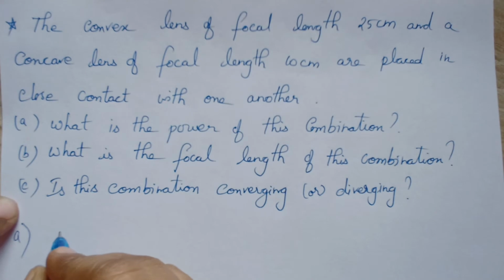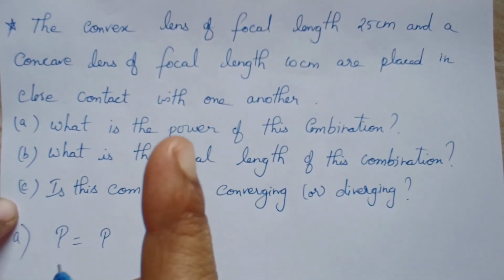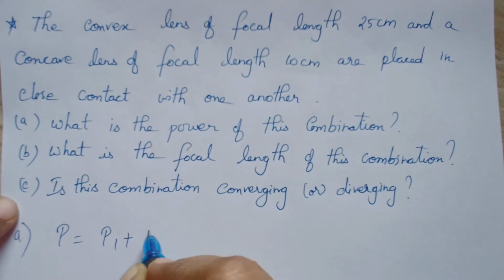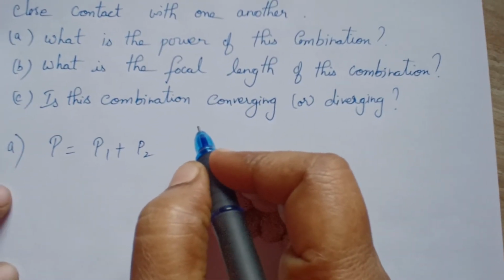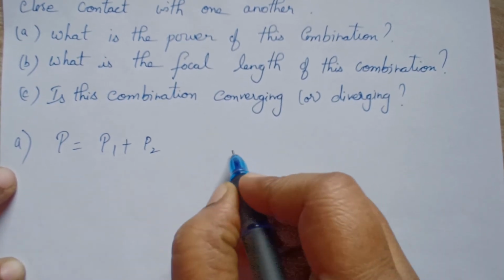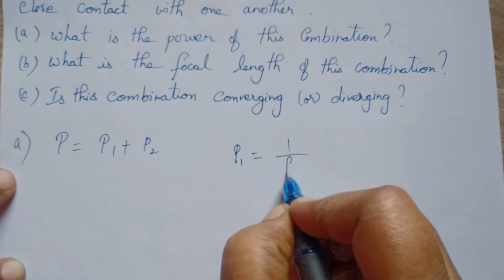You know that power of the combination P is equal to P1 plus P2, since only two lenses have been combined. For that we need to find the value of P1 and P2, right? First we'll find the value of P1. P1 is equal to 1 by F1.